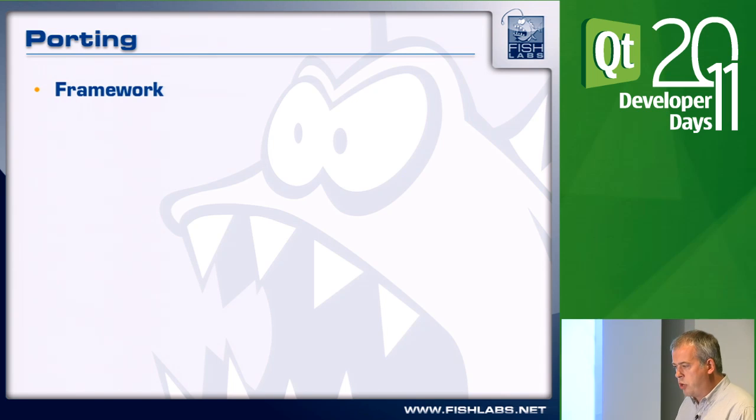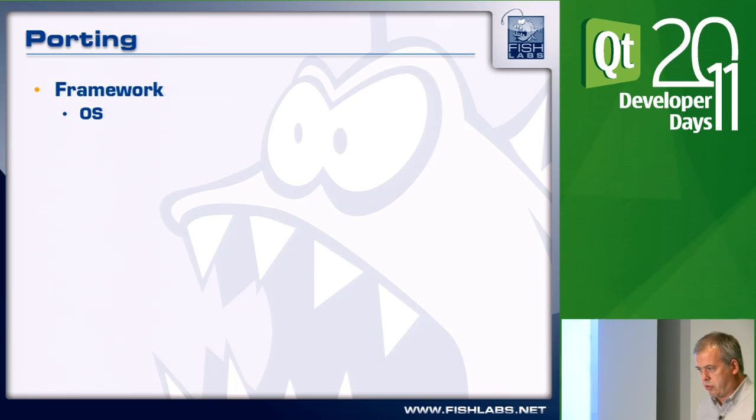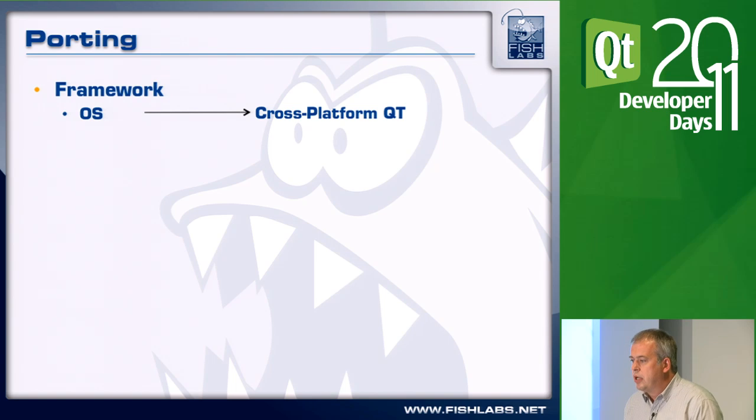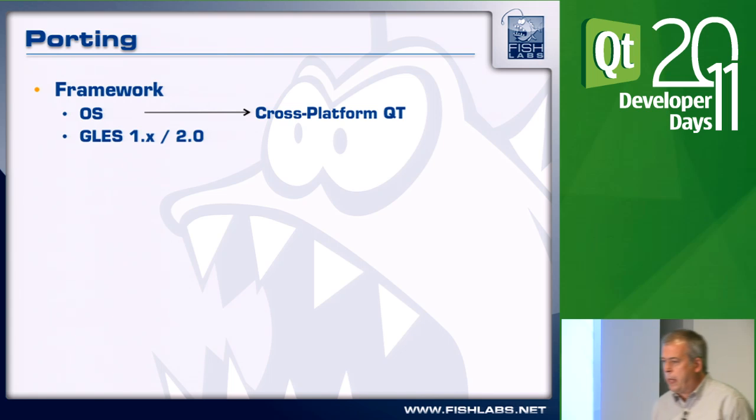We have to adapt the framework to see what kind of operating system there is, and adapt some things to this operating system. The beauty now with Qt is that it's a cross-platform solution, and we don't have to really think about whether it's a Symbian or a MeeGo device. We have this one entry point, and we don't have to really think about the OS.